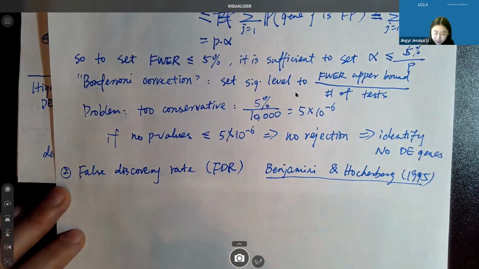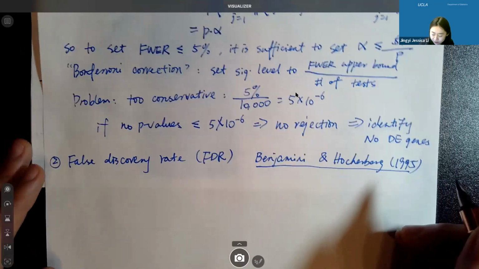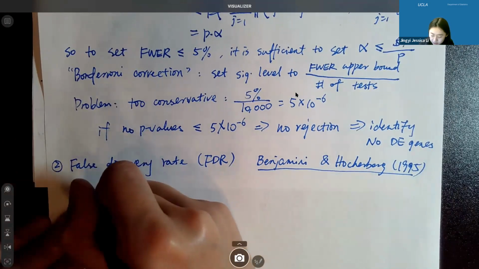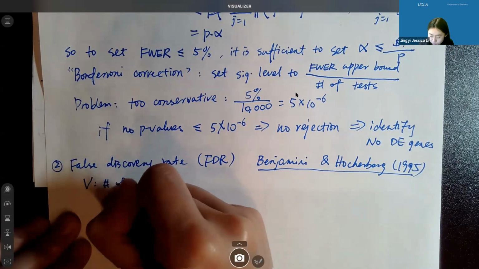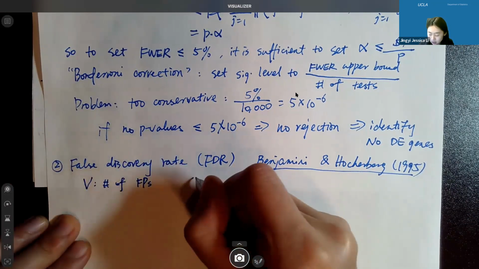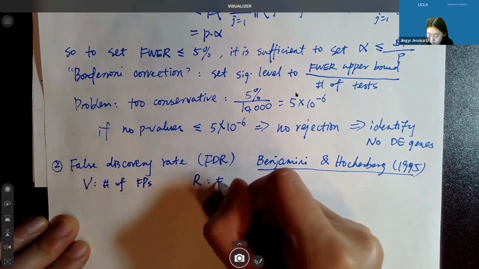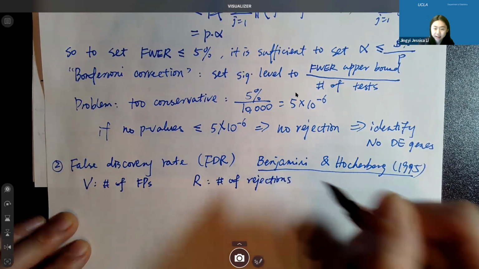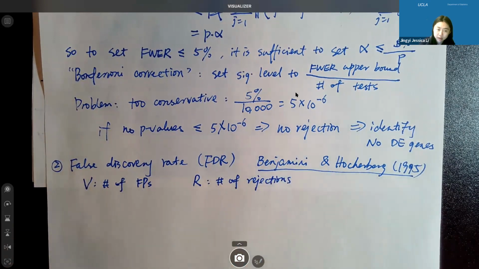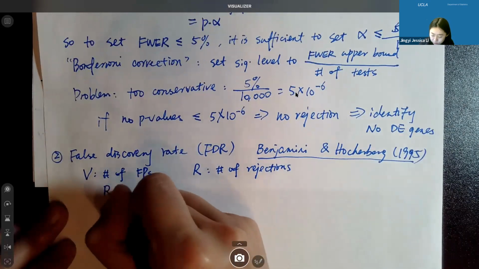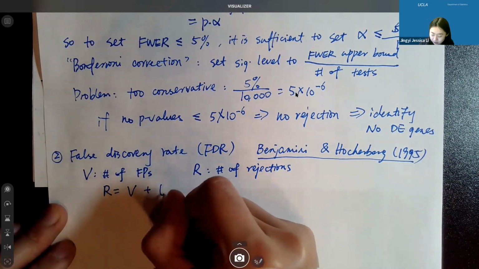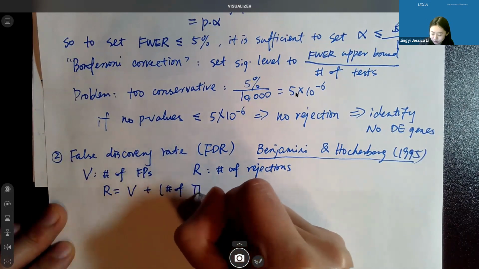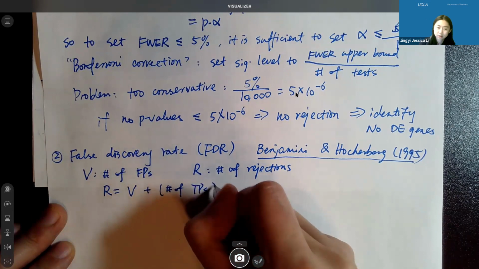So that's the motivation of the FDR. So besides the V, let's say that we have this R. So recall V is the number of false positives. And let's say R is the number of rejections, the number of DE genes you caught. So basically V is a proportion of R. So basically I will have R equals to V plus the number of true positives, the ones you caught correct.